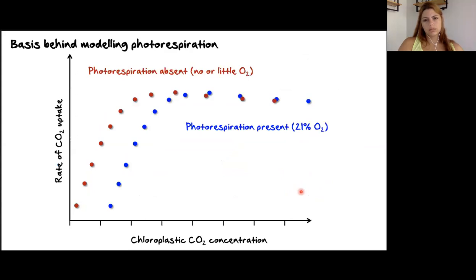Now I want to go a little deeper into how we can model photorespiration and what else we can learn from that. So if we take our data that we've measured, again, an A-Ci response with photorespiration, so at normal levels of oxygen, and we compare that with the data you might get when you have no oxygen or no photorespiration happening.